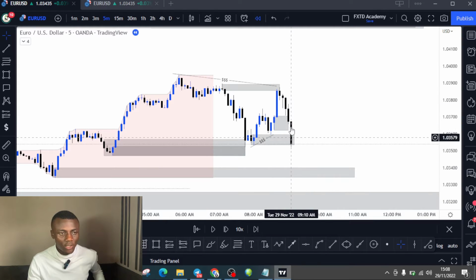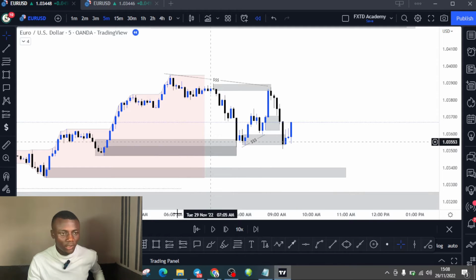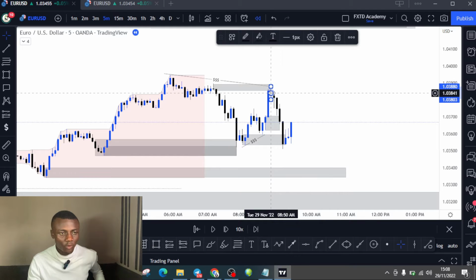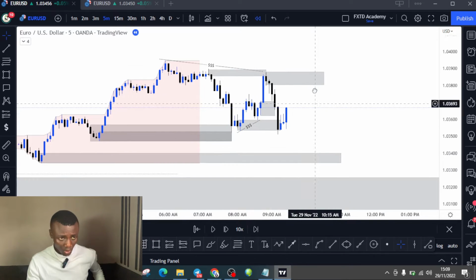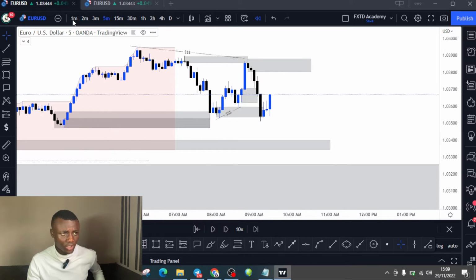All right, so we can see that there was a massive push to the downside, right? So basically what we are looking at again is something like this. We are looking at this area to look for shorts. So we're actually looking for more of short entries.